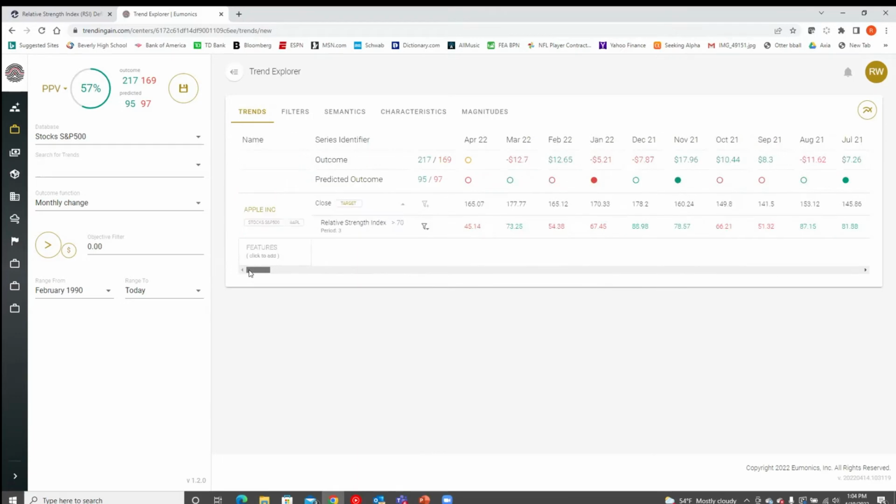And I'll very quickly just run through what these mean. If you see a green circle that is empty, that's a false positive. So in this period, the stock price was expected to go up, and it didn't.